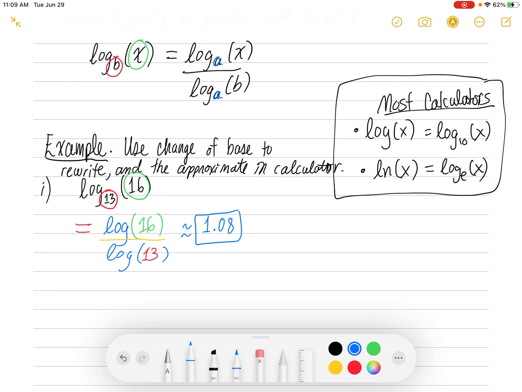That'll give me about 1.08 for an answer. I'm taking it to the hundredths place, to 2 decimal places.